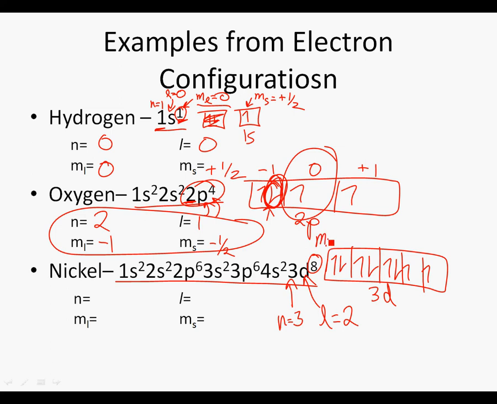So the M sub L values go from -L to +L. So -2, -1, 0, +1, and +2. So the last electron's in the 0, so M sub L equals 0. And then it's a spin down, so M sub S is -1/2. It's in the third energy level, and it's in the d orbital.